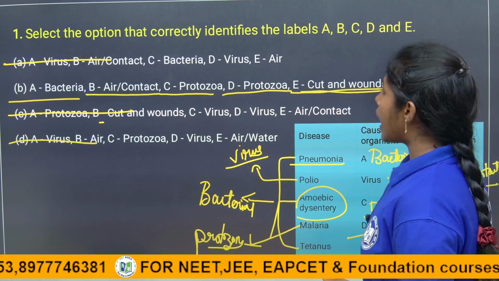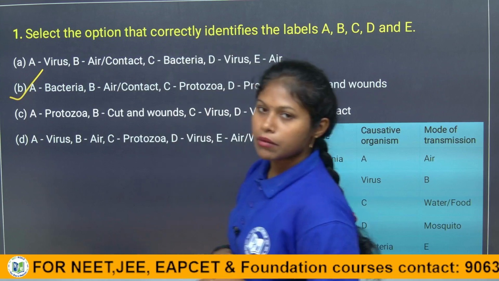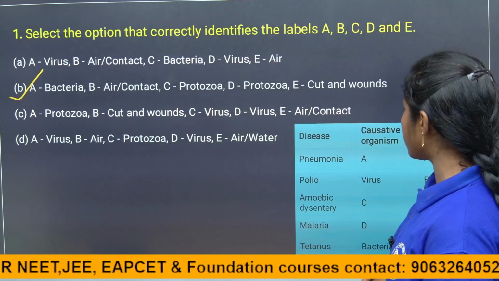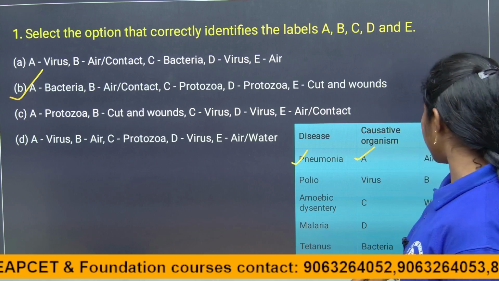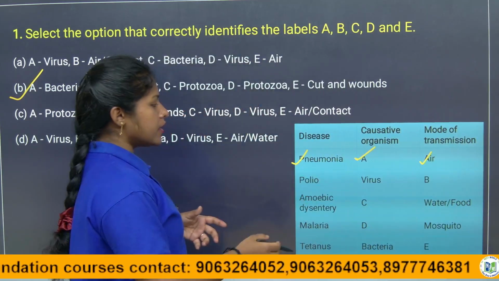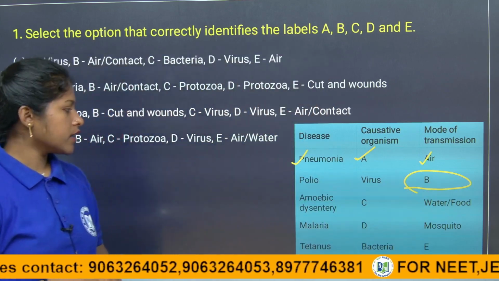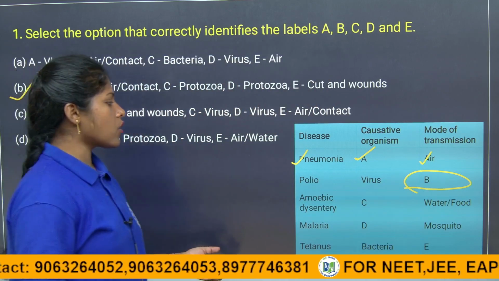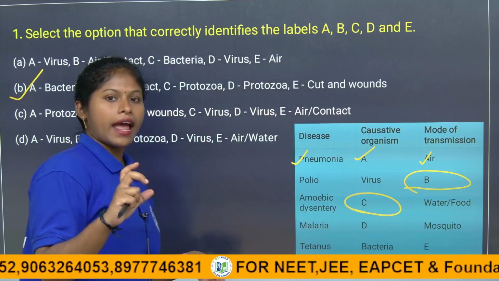So here the answer is B. B is the answer for this given question, because pneumonia is caused by bacteria, and the mode of transmission is through air. Polio is a virus, and the mode of transmission is through air and contact. Coming to amoebic dysentery, children, the causative organism is protozoa, and the mode of transmission is water and food.